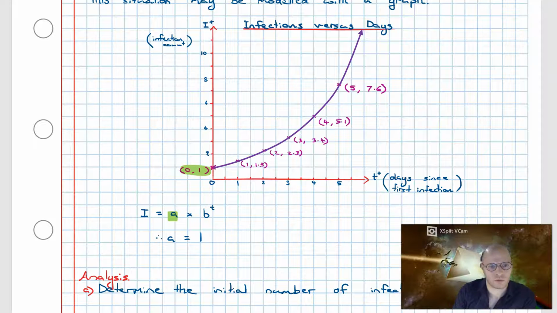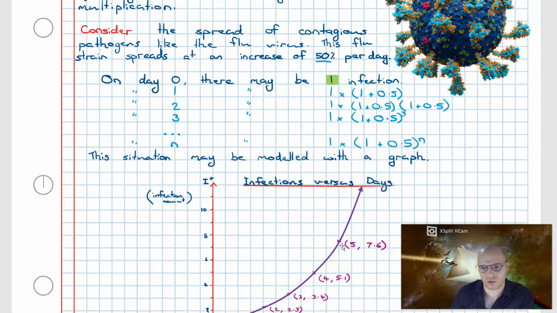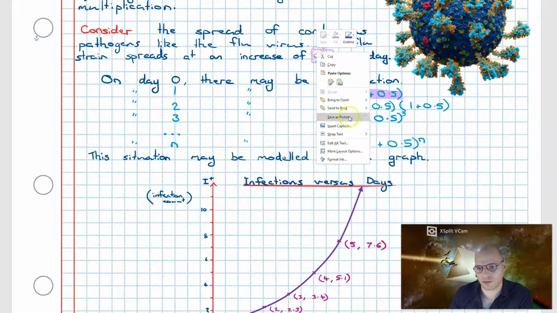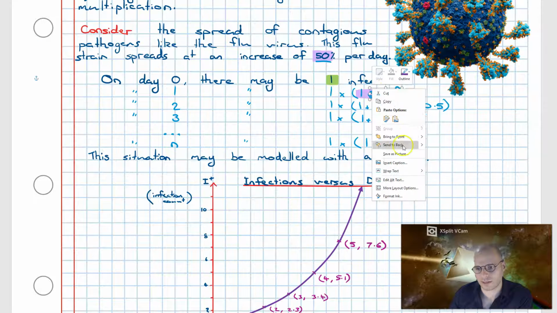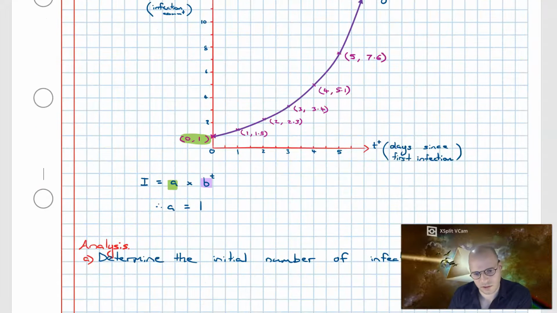And then to look for B, our successive multiplication rate, we're either going to look up to here, or we can look inside of here. So it tells us we're increasing the total amount by 50% every single day. Thus, this is going to be a result of B will equal 1 plus 0.5, which is 1.5.